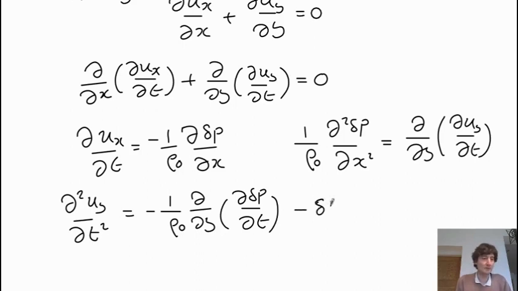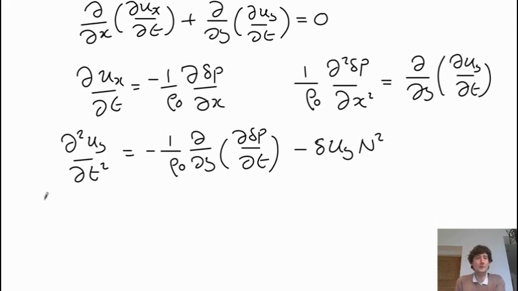Minus delta, and now we can just put n squared here. So this captures all the terms involving gravity in that term. So that's the term we had before, and this is the term we're now adding. And so what we want to do is use this expression here for d2 delta p by dx squared, and use it in getting rid of this.